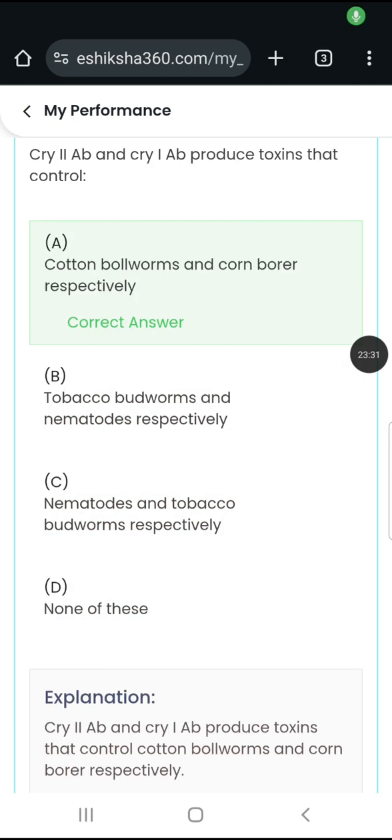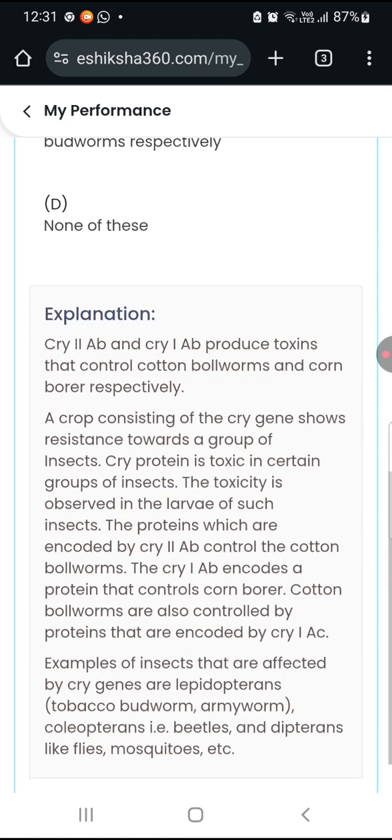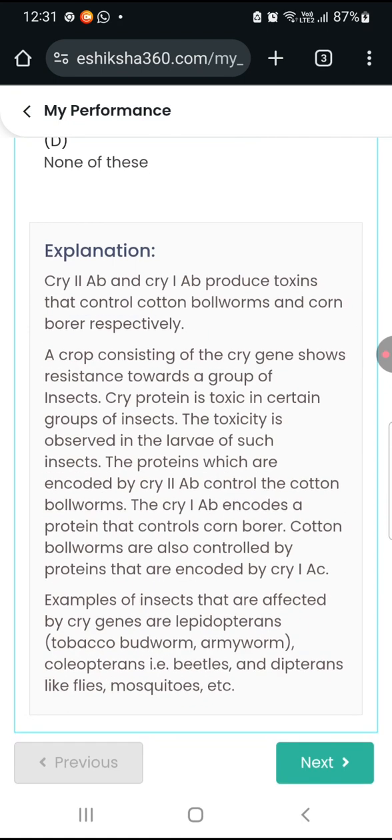Cry2Ab and Cry1Ab produce toxins that control cotton bollworms and corn borer respectively. Explanation: Cry2Ab and Cry1Ab produce toxins that control cotton bollworms and corn borer respectively.